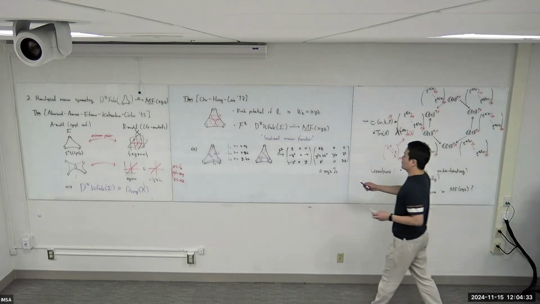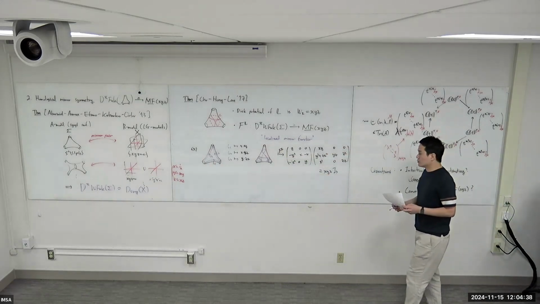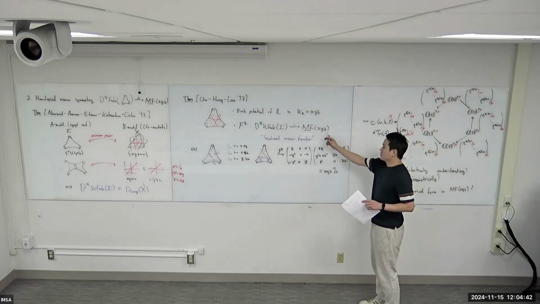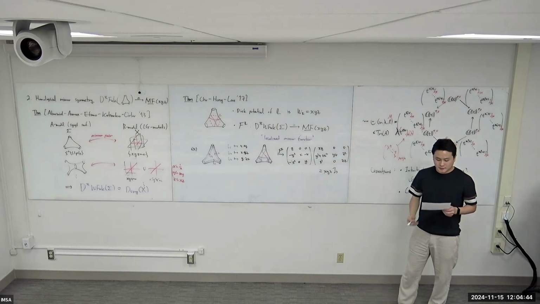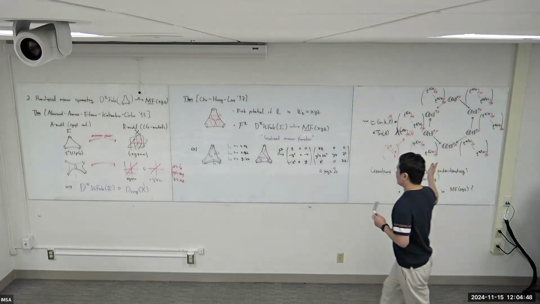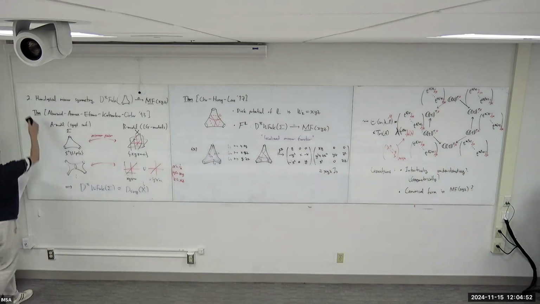So we know now we can consider many arbitrary loops to make somehow complicated objects in the matrix factorizations. Let me keep this and erase this.